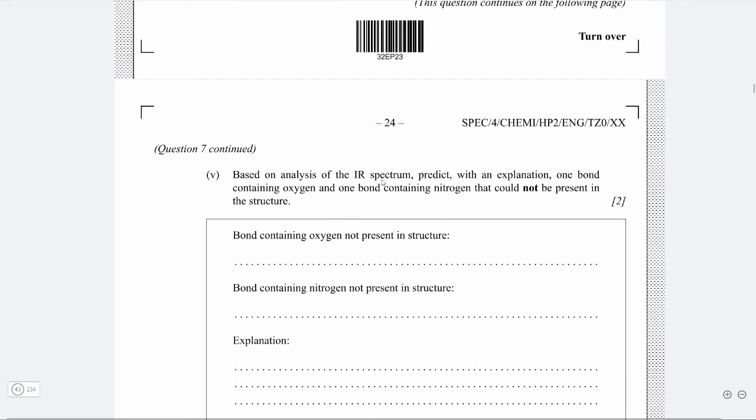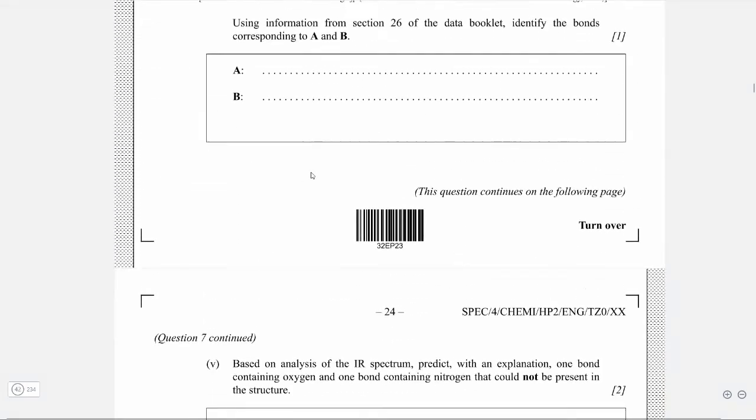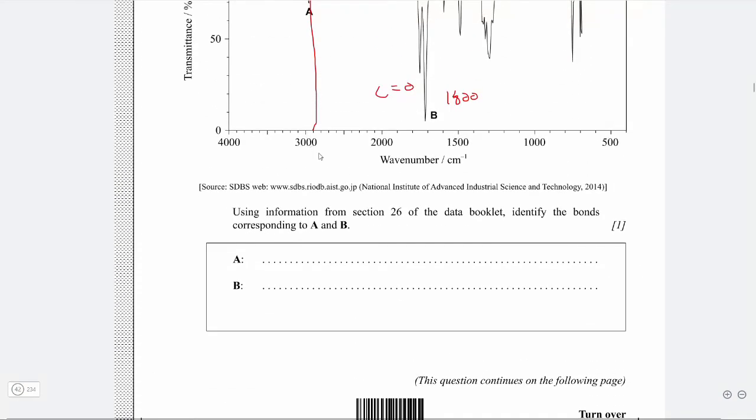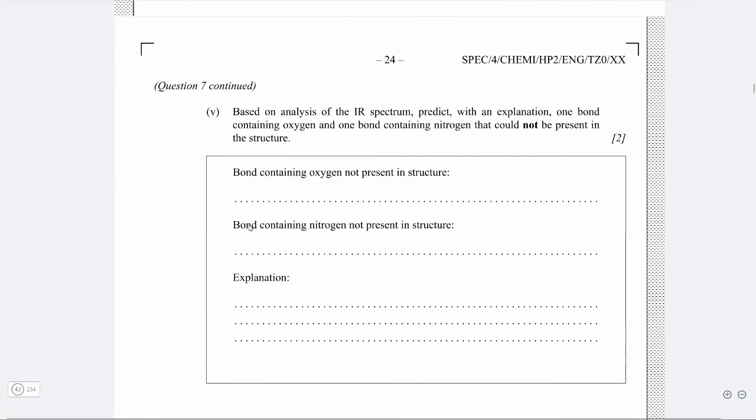Okay, here's the next one. One bond containing oxygen and one bond containing nitrogen that could not be present. Well, we now know that it's oxygen, a hydroxyl and an amine, because it's not over 3000. And the bond containing nitrogen, yeah, that's the amine. And then you explain.